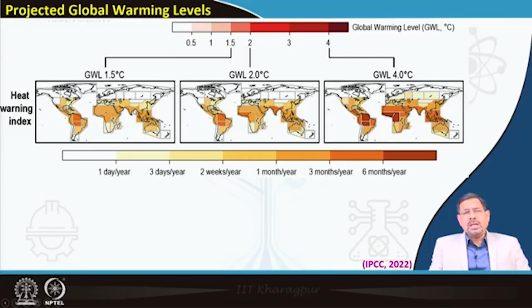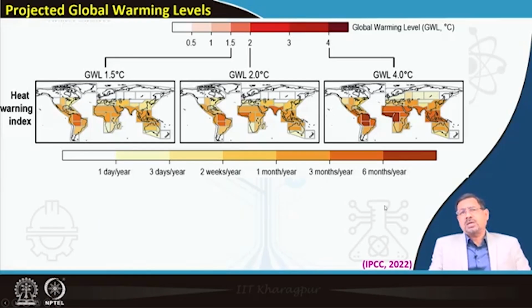Over India, and particularly this one, because this is the size of the grid, a very large size, you can see the southern part will receive somewhere between 1 to 3 months per year of the heat warming index. You can similarly see the global warming levels at different places across the world with respect to the projected 4 degree temperature rise.